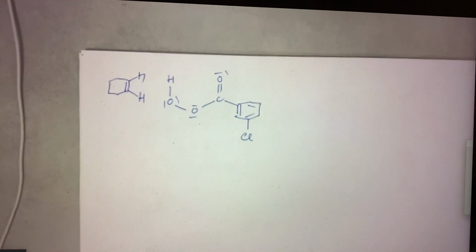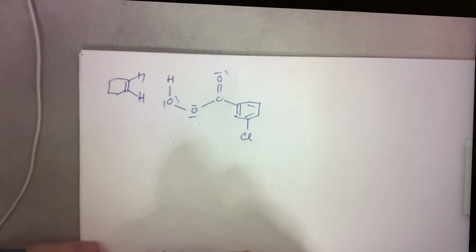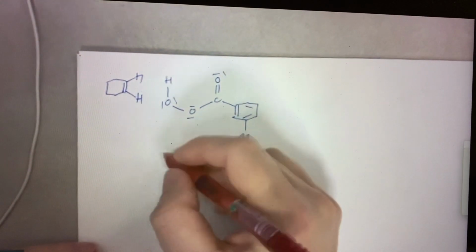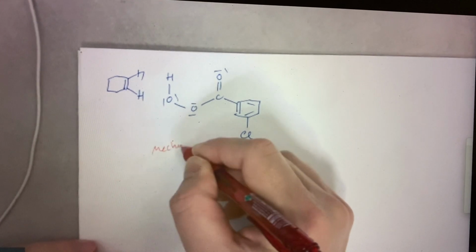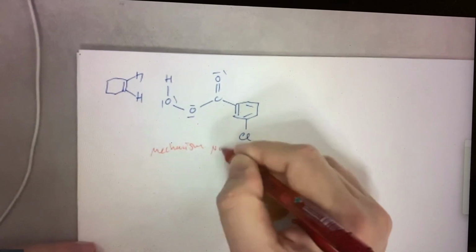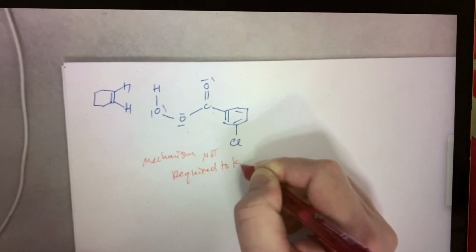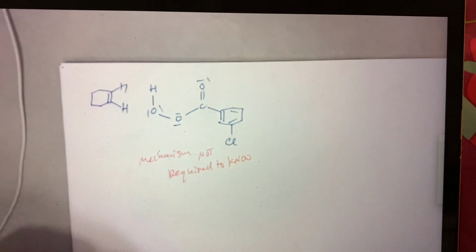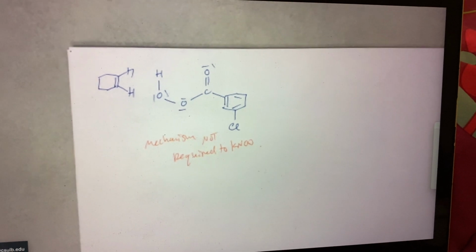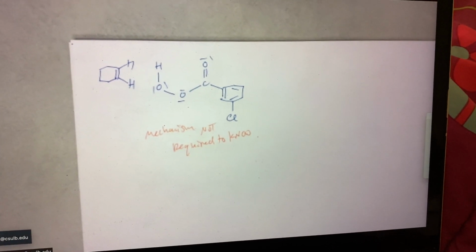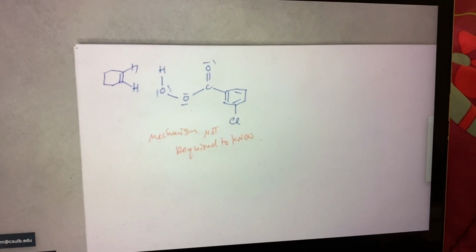And I'm going to go through the mechanism, which you're not required to know. On our last slides, when we were talking about sodium borohydride, you were not required to know that mechanism. You should have put it in your notes. Don't study the mechanism.